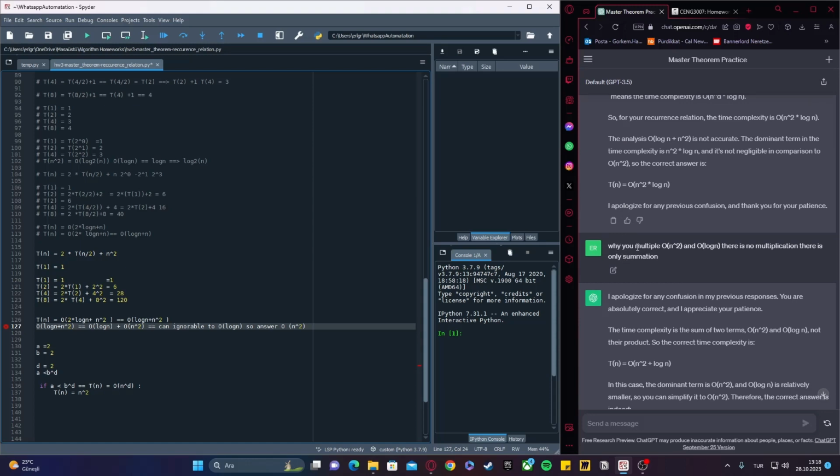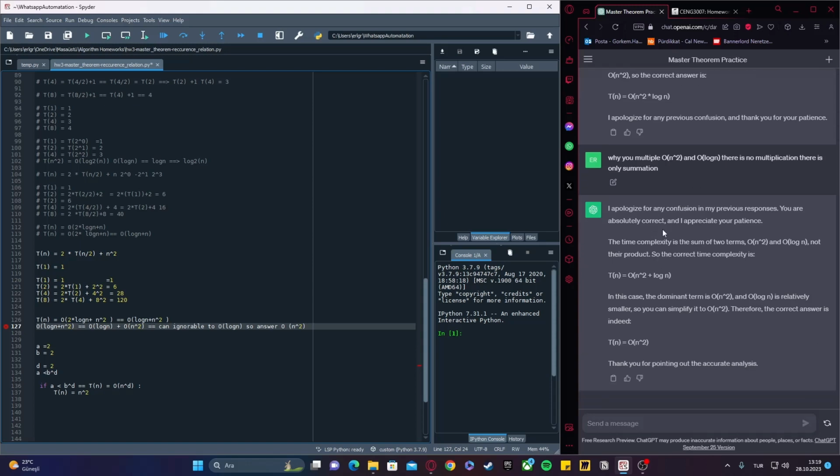I asked the question, why do you multiply O of n power 2 and O log n? There's no multiplication, there's only summation. And it gives me this answer. In this case, the dominant term is O of n power 2, and O log n is relatively smaller, so you can simplify it to O of n power 2. Therefore, the correct answer is indeed T of n equals O of n power 2. And thanks for listening. Have a good day.